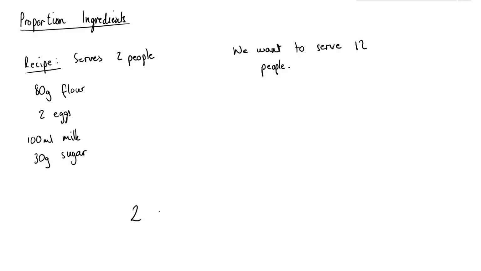So 2 multiplied by something gives you 12, and that number is 6. Okay, so in order to serve 12 people, I have to have 6 times as many of all of these ingredients as I currently do. So in order to serve 12 people, I need to do 80 times 6, which is going to give me 480 grams of flour.